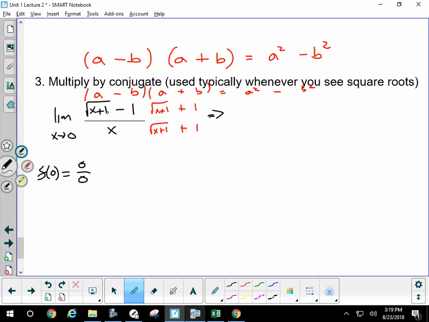Well, root x plus 1 squared is just going to be x plus 1. 1 squared is 1. Please be careful, though. We are squaring 1. In the future, if you have something other than 1, make sure you square it.